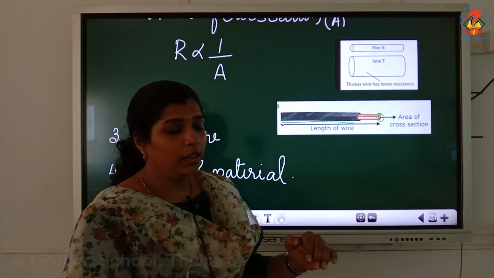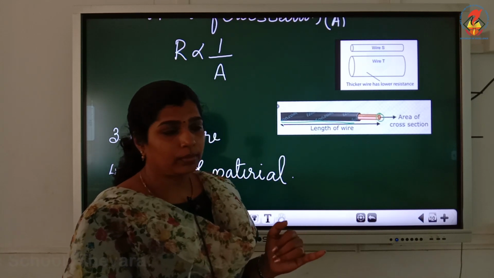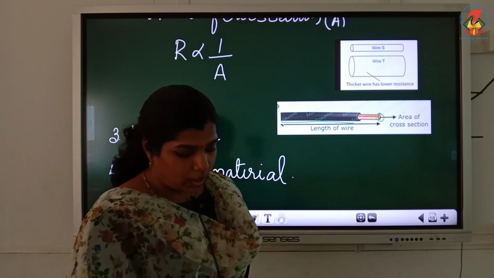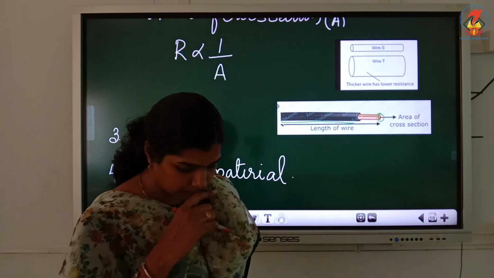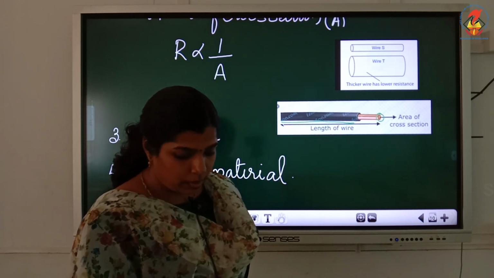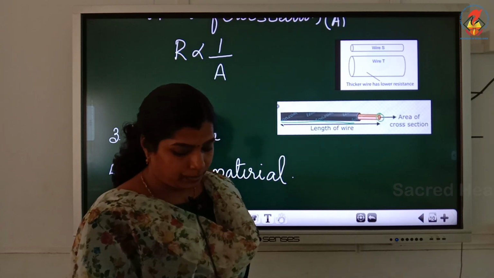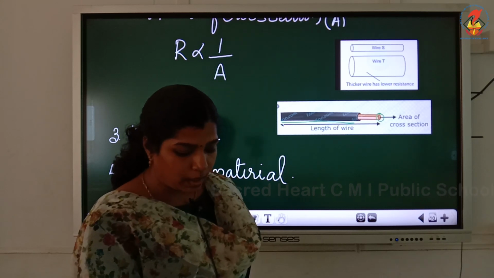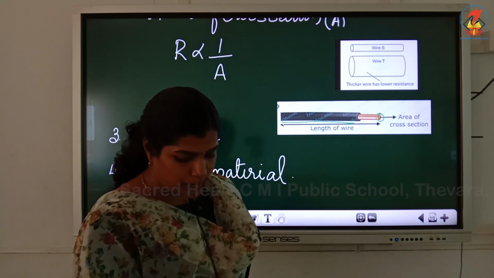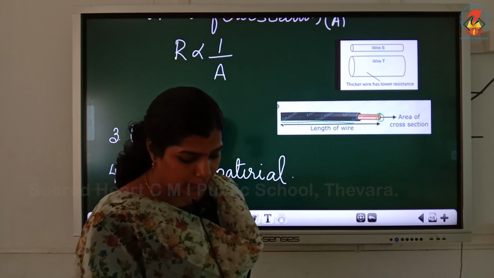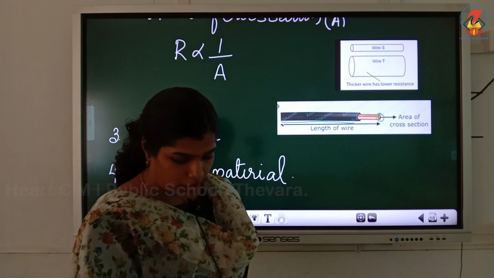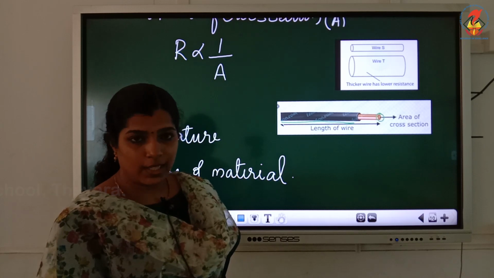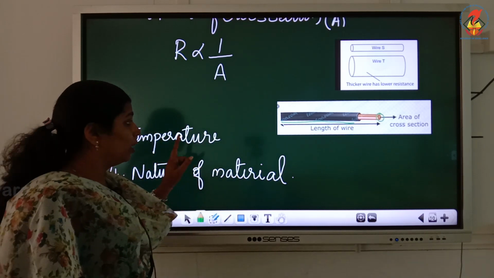The resistance of a carbon filament bulb falls with rise in temperature. Resistance of vulcanized rubber decreases by 25% when heated from 0 degree Celsius to 24 degree Celsius. So, that is about the temperature.